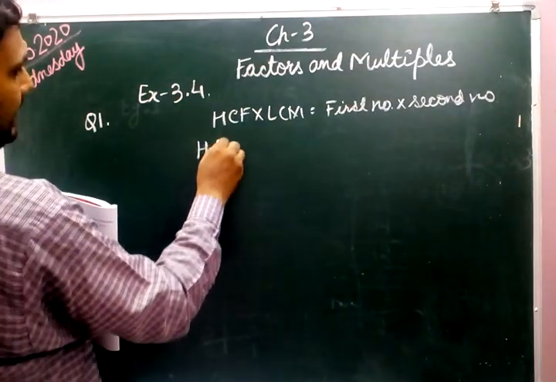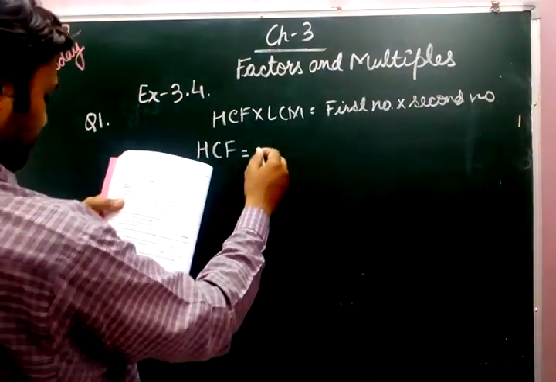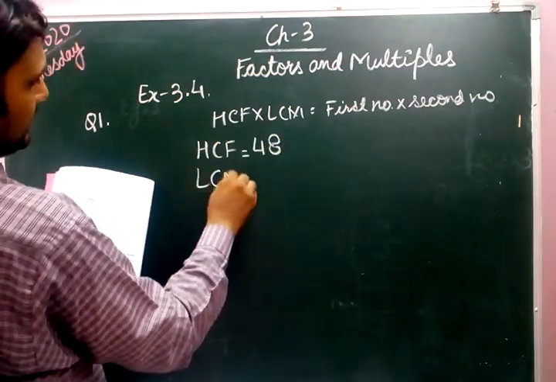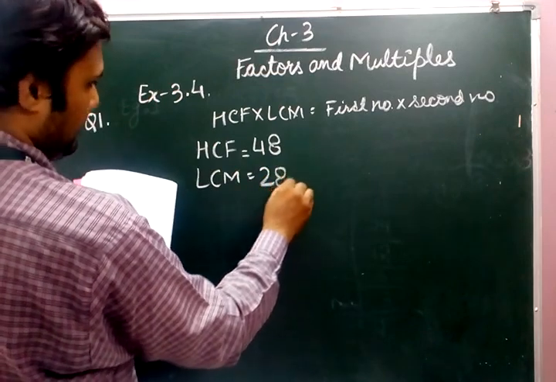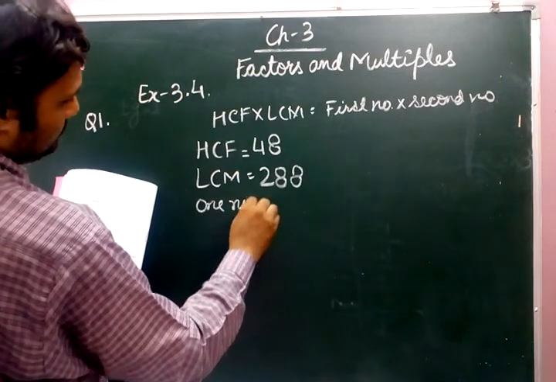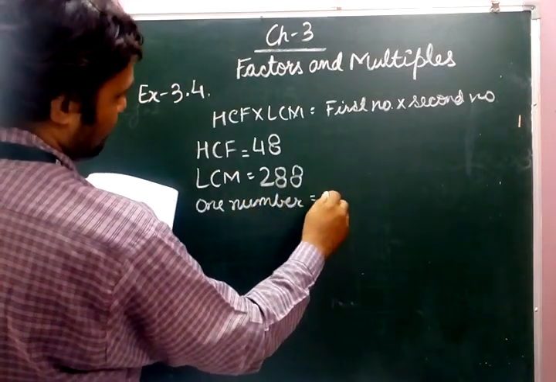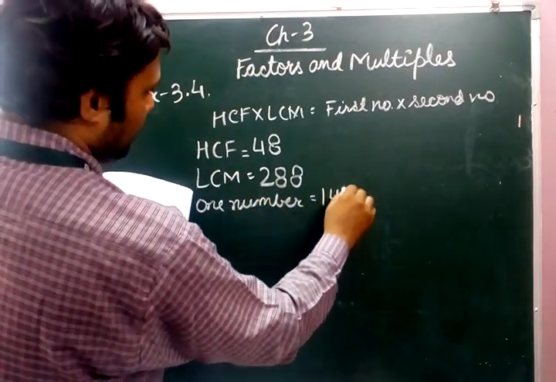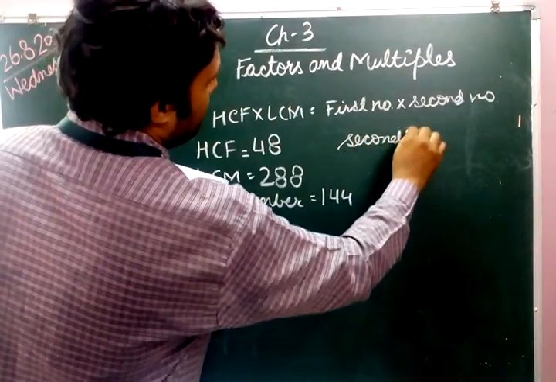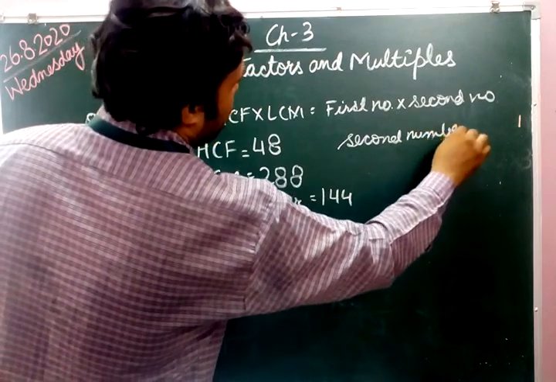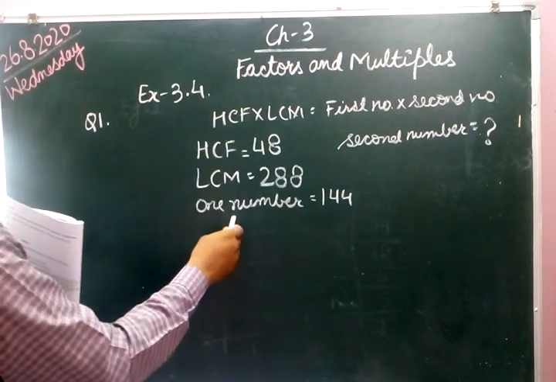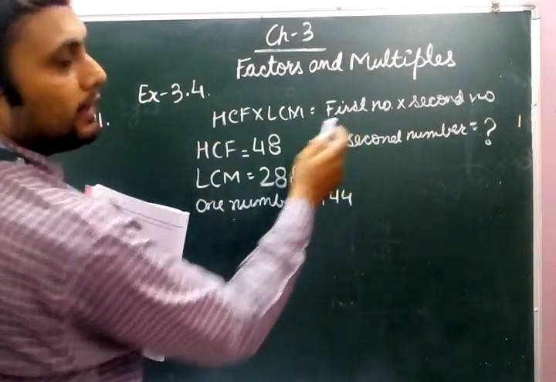The HCF is given, 48. LCM is given, 288. One number is given, 144, and you have to find the second number.